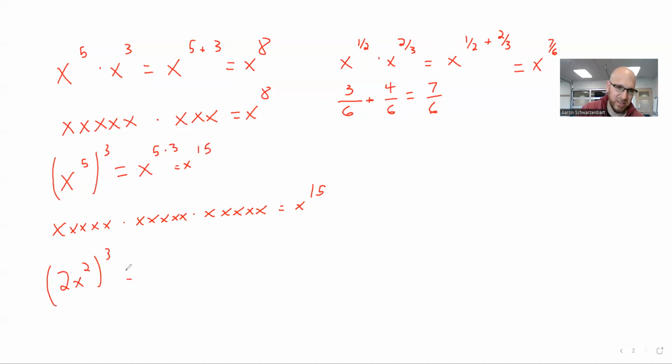Here, I must cube both my 2 and my x squared. 2 cubed is 8. X squared cubed, following that rule, I multiply, I get x to the 6th.